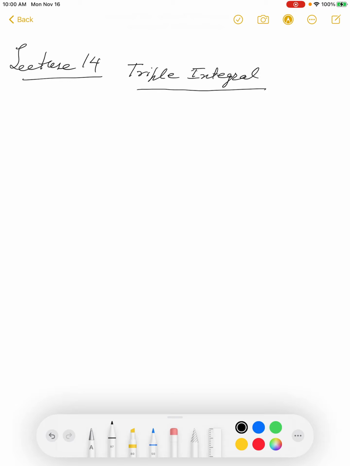So let's talk about triple integrals. So now we are going to integrate a function. So let's take a function f which is defined on some region V, a subset of R3, to R, and what we need is just continuity of this function.